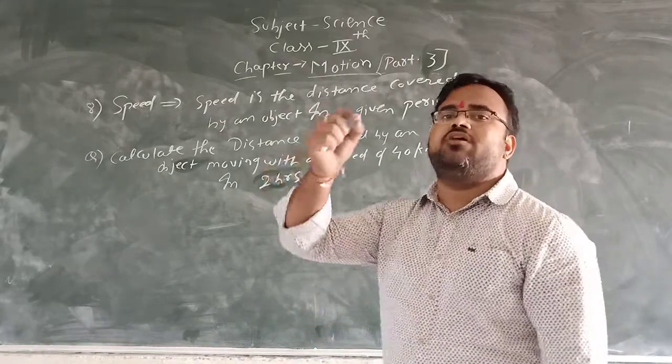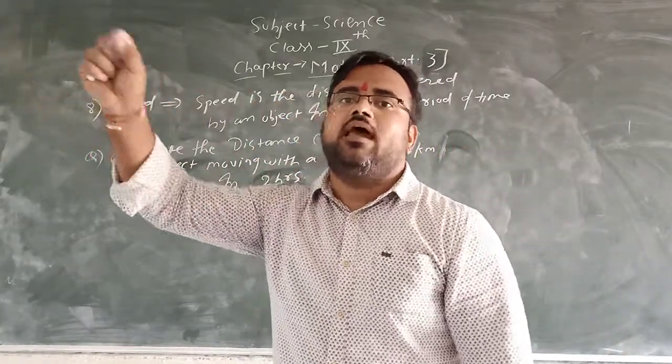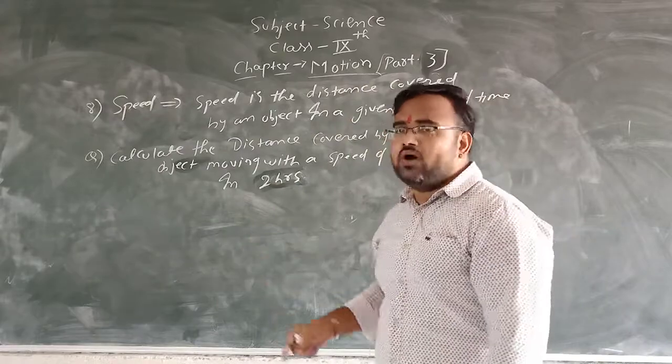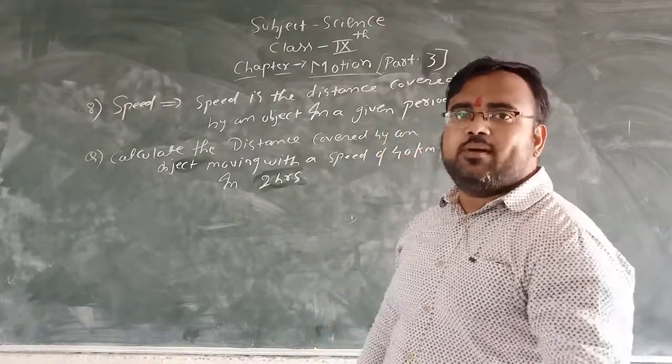If any object is moving with the speed of 40 kilometers per hour and the time taken is 2 hours, then what is the distance covered by the object?